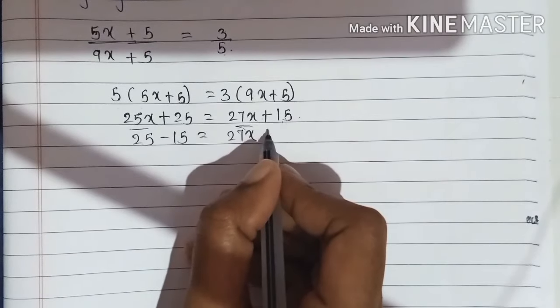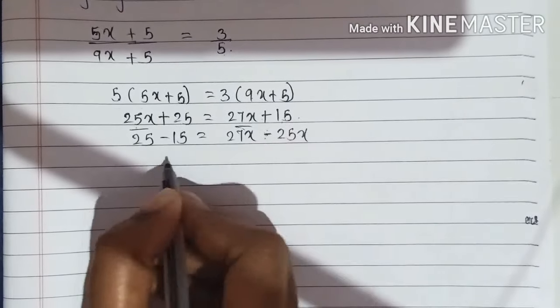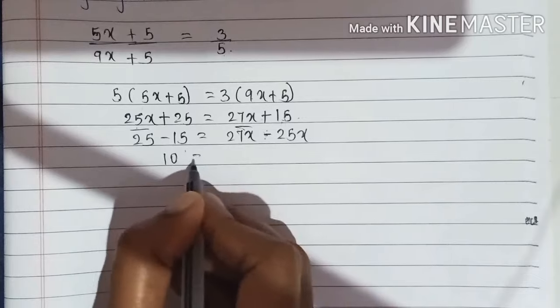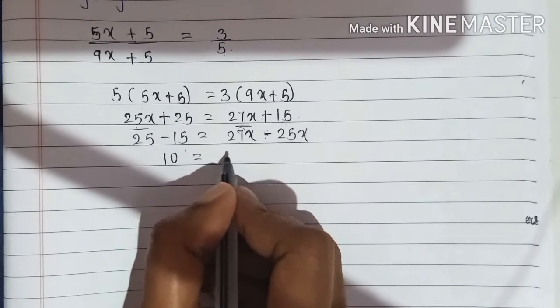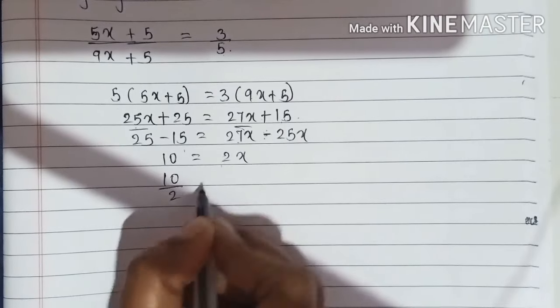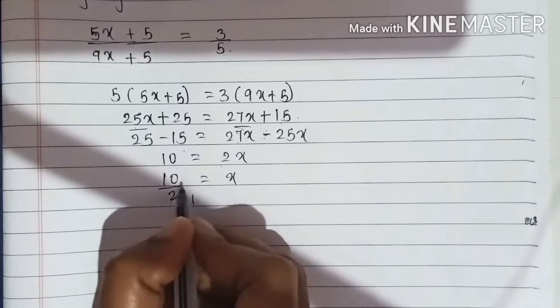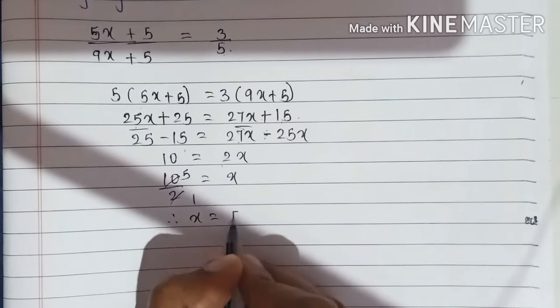Now bring this to the right hand side. This plus 25x will become minus 25x. So 25 minus 15 will be 10. 27 minus 25 will be 2. Now take this 2 to the left hand side. This will become division. 2 ones are 2, 2 fives are 10. So therefore x is equal to 5.